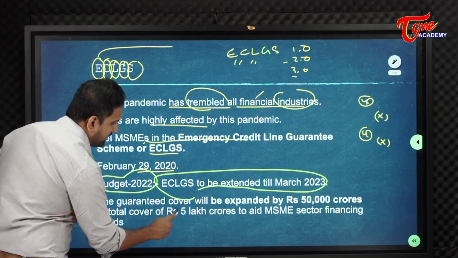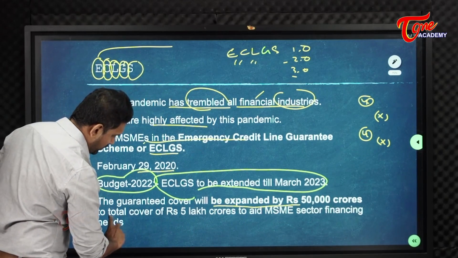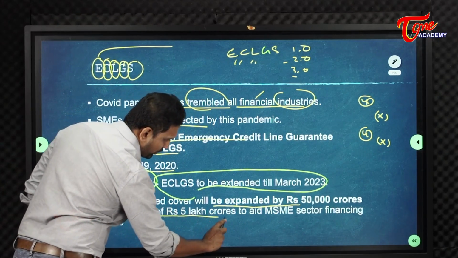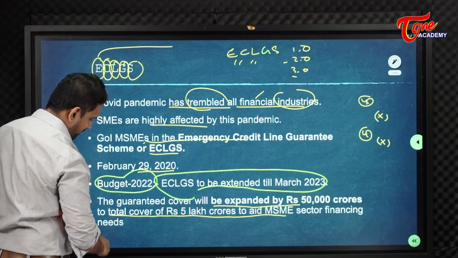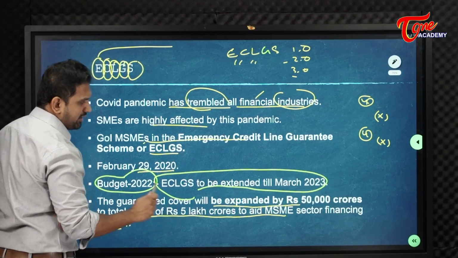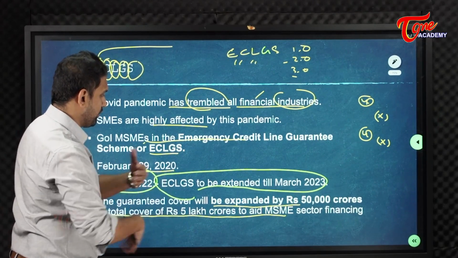The guaranteed cover will be expanded by rupees 50,000 crores to the total cover of 5 lakh crores to aid the MSME sector's financial needs. Whatever the needs the MSMEs have, 5 lakh crores will be allocated for that.